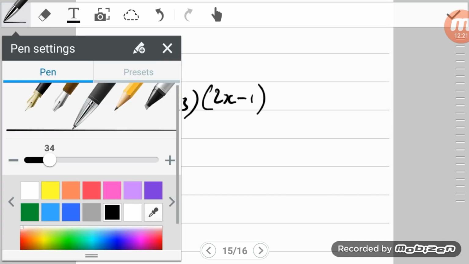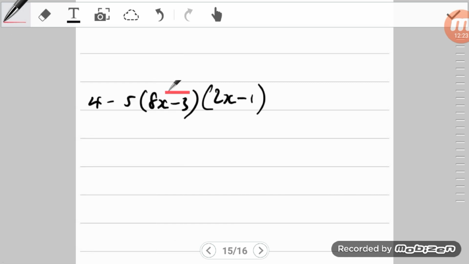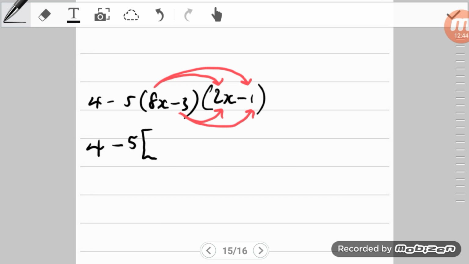So what you should do here is simply expand the brackets that are joined together, and we would use what is known as the Bird-Beat method. So I would go ahead now and rewrite the 4, rewrite the minus 5, and I'll open a huge parenthesis here.